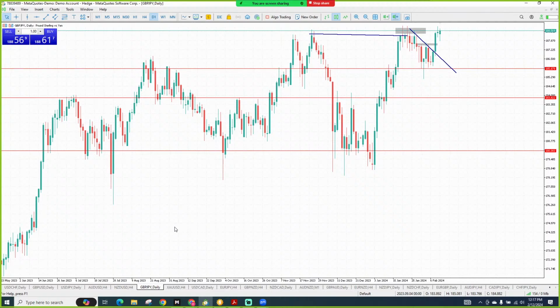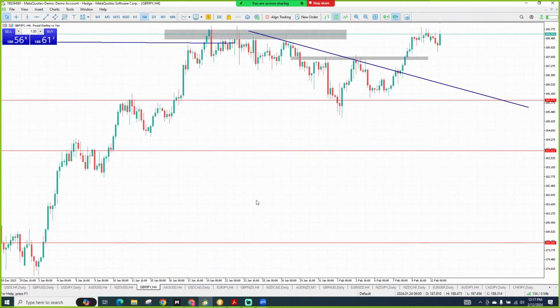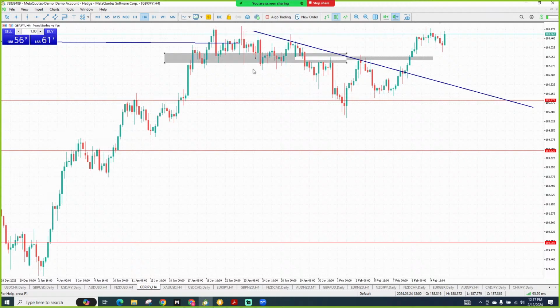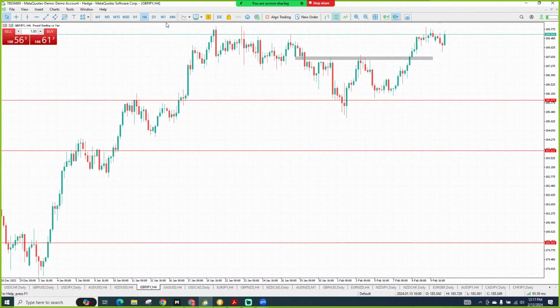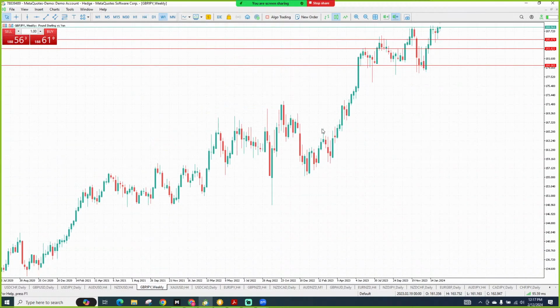So we go to GBP JPY. This is GBP JPY. If I take a look at this chart, let's see what is happening. By the way, let's look at 1 week.